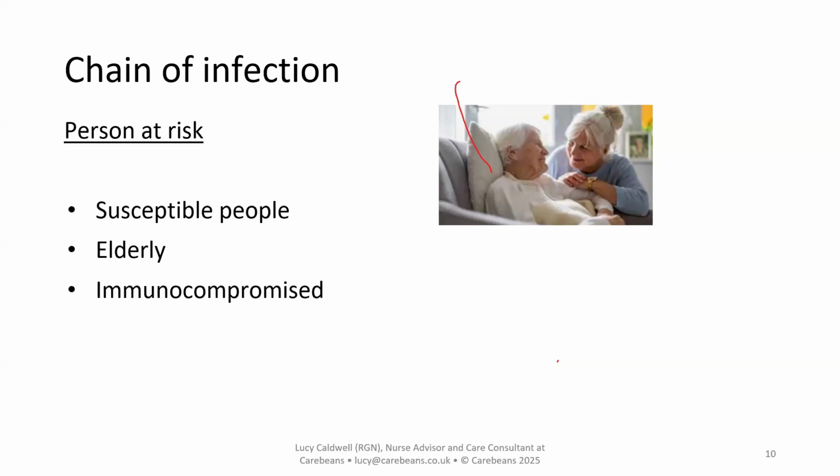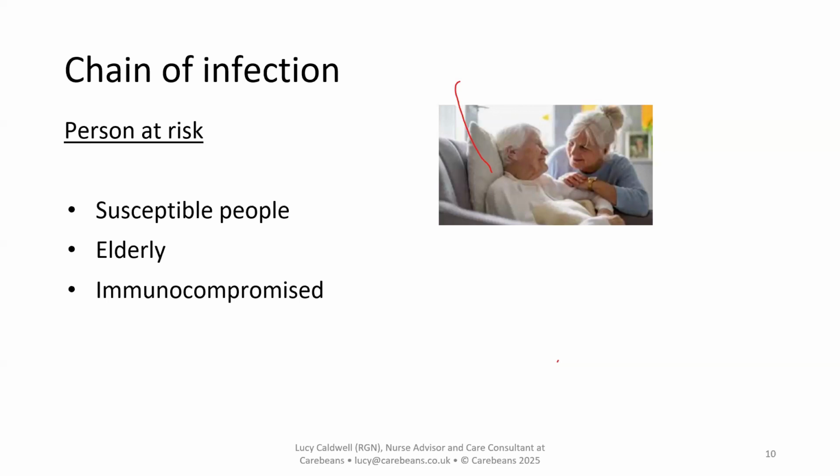What we mean by that is those who have compromised immune systems. They might be on a particular medication, for example, that suppresses their immune response, necessary for their condition. But if that immune response is dampened, then naturally it's not going to be as effective at fighting infection.